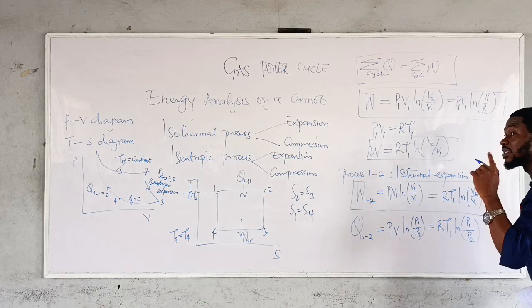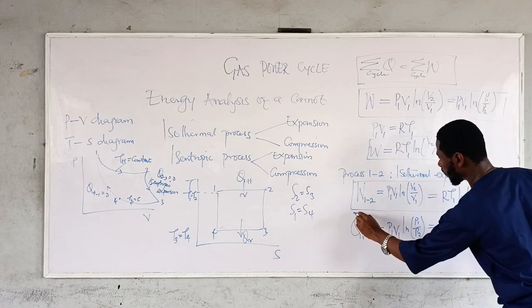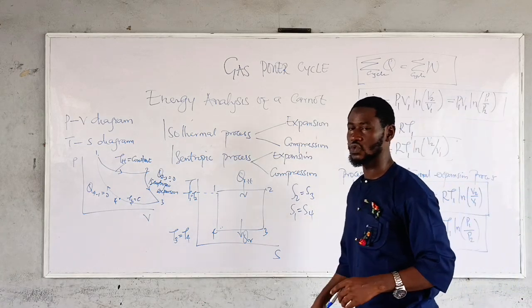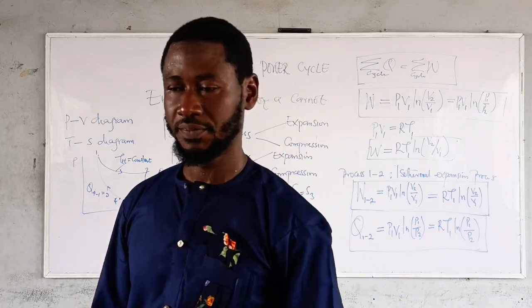It can also come in terms of volume. Don't forget. So this is for process 1 to process 2.